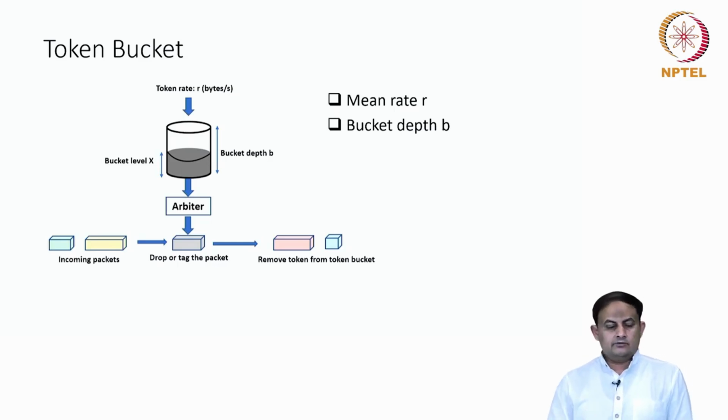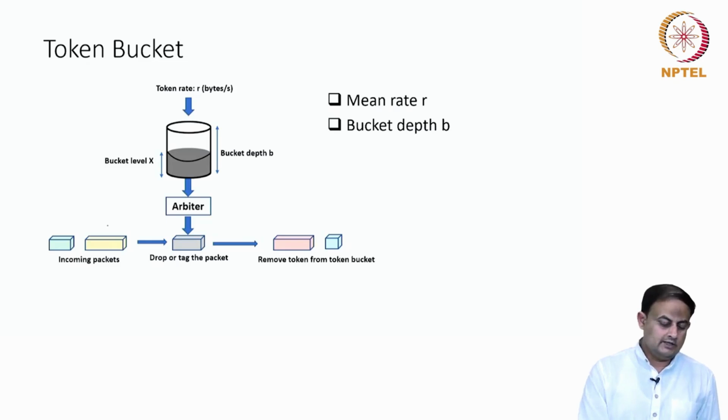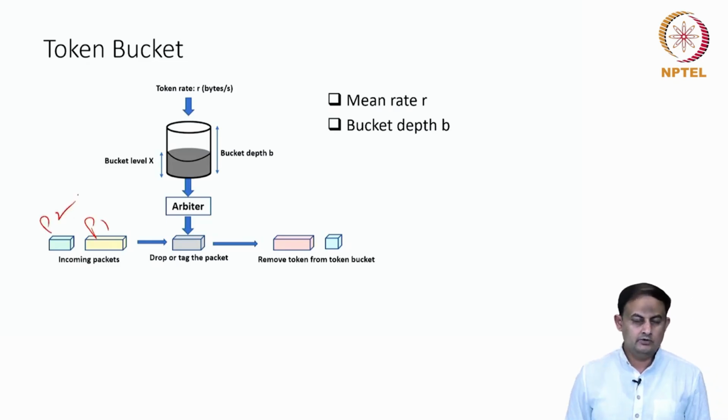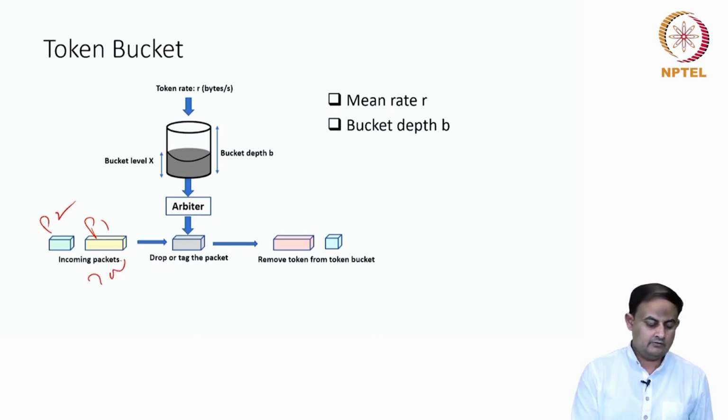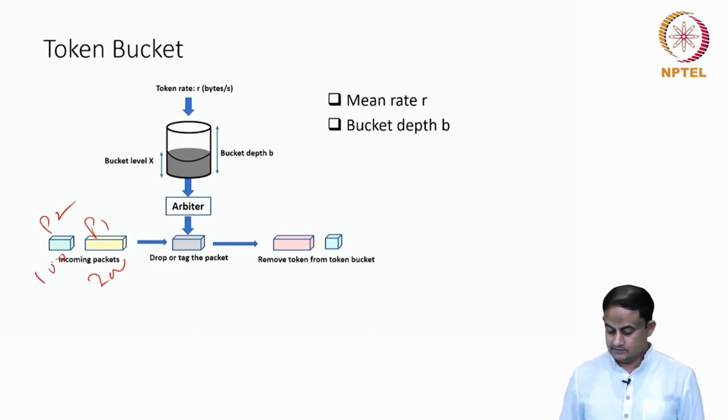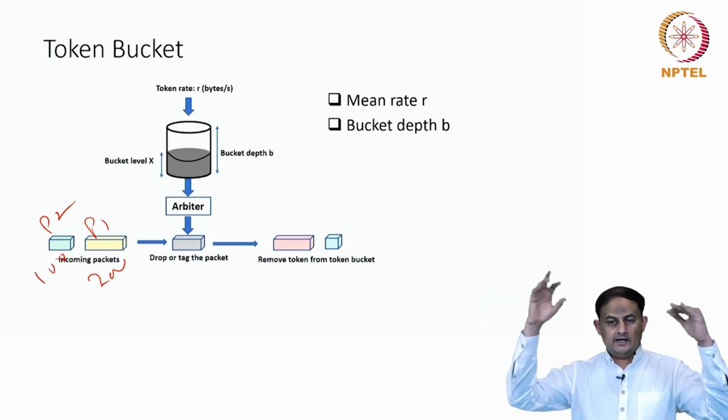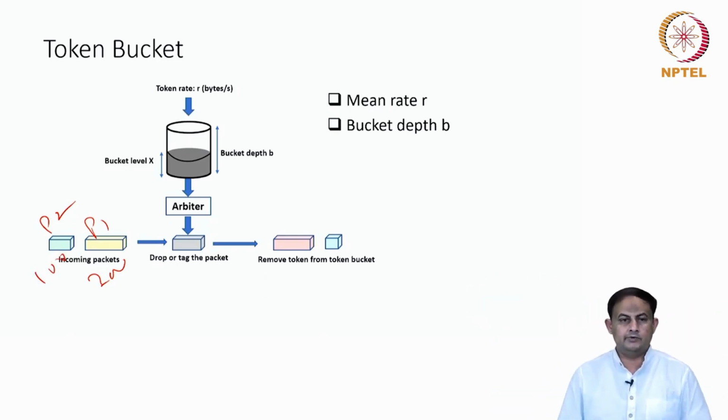The reason this change was required is because of the variable-sized packets inside IP networks. Here is a picture, the incoming packets. Let me call this packet P1, and this packet P2. P1 might have, let us say, 200 bytes of data, and P2 might have 100 bytes of data. The size of packets inside the IP network is variable.